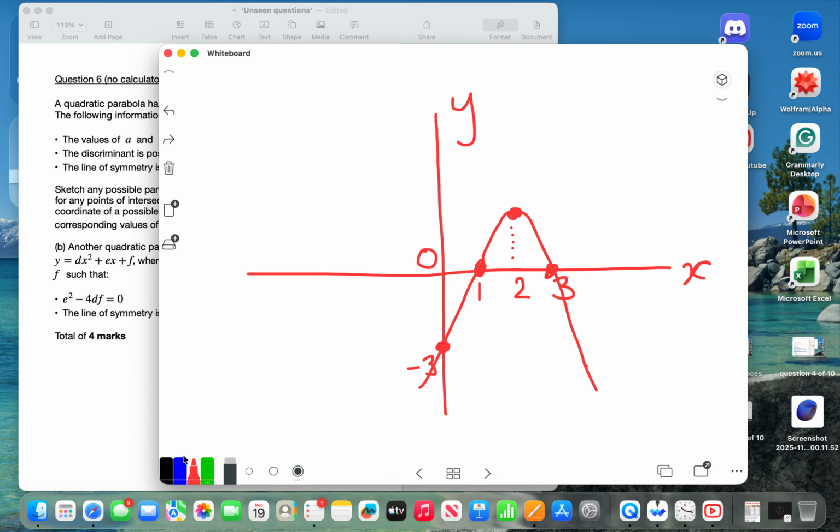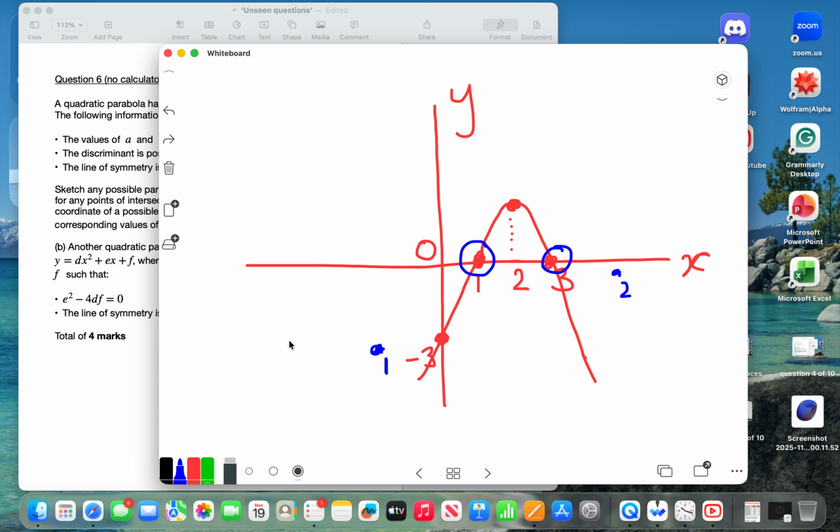The first mark I would give is for interpreting the y-intercept and getting the correct y-intercept. The second mark would be for the two roots. And the third mark is for getting the shape and for getting the turning point in the correct place. And that's section A we've done.